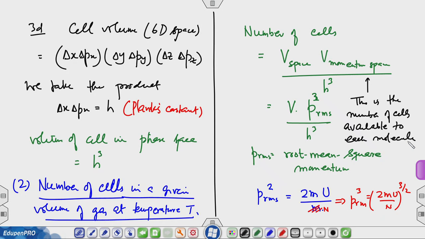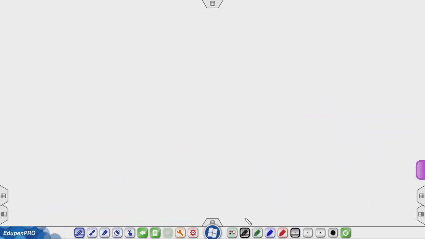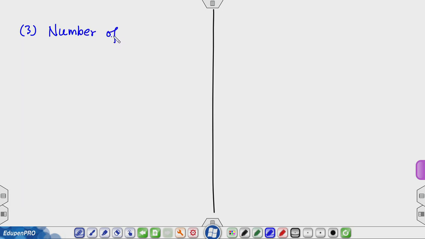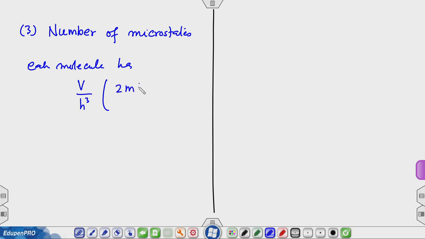So, therefore, the third step is the number of microstates. Each molecule has V divided by h cubed times 2 m U over n raised to 3 by 2 cells available.